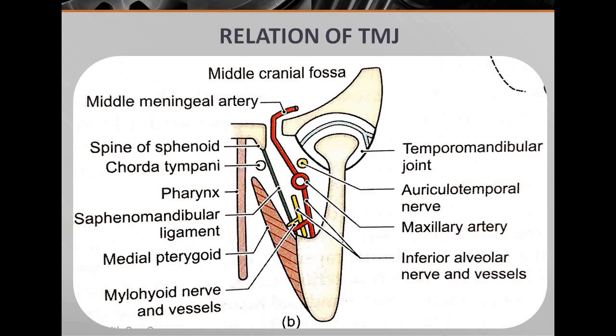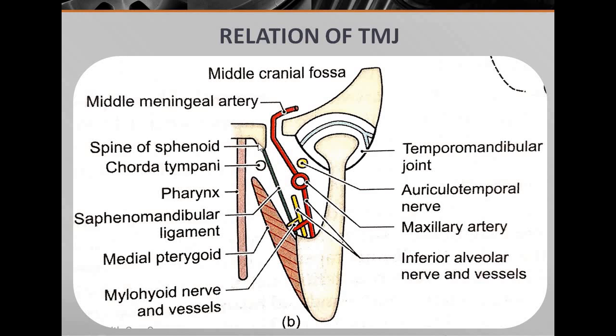The next important ligament that they always ask in the exam is the sphenomandibular ligament. It comes as a 5 marks question, so you need to tell about the attachment.